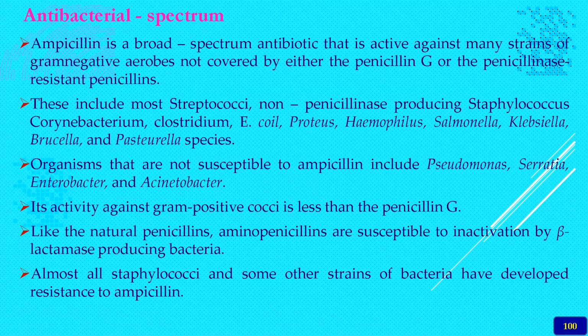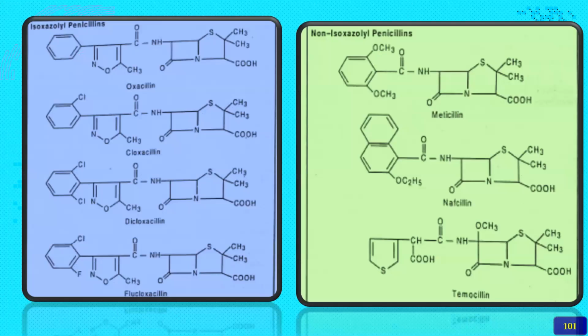So what the authors are emphasizing is that among the beta-lactams, bacteria have developed resistance against ampicillin. Then this is the structure of the isoxazolyl penicillins.